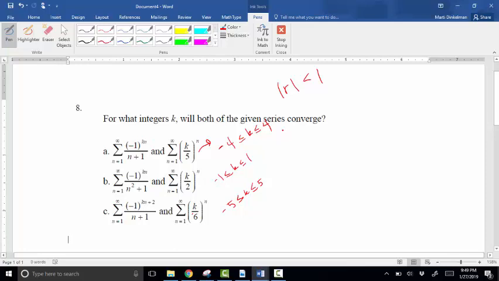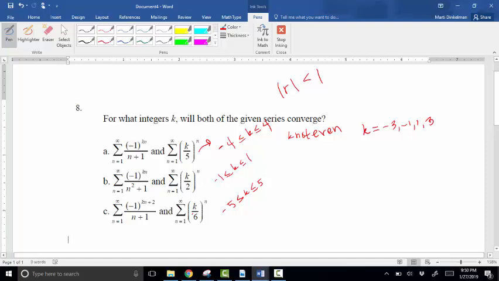So we can't have any even numbers, so k not even. So let's make a list of what k could be then. So -4 doesn't work, but -3 would. And then -1. 0 is even, so that doesn't count. So 1 and 3.